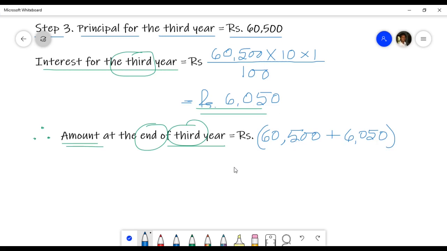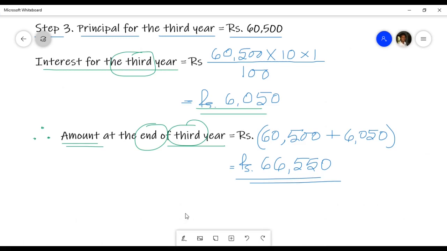And when you add this up, you will get it as rupees 66,550. So rupees 66,550 is the amount at the end of third year.